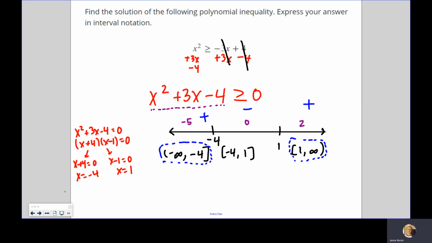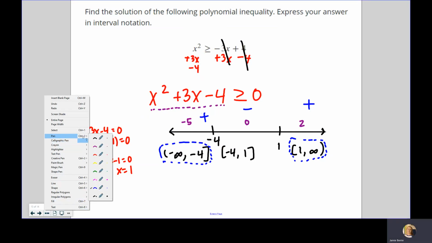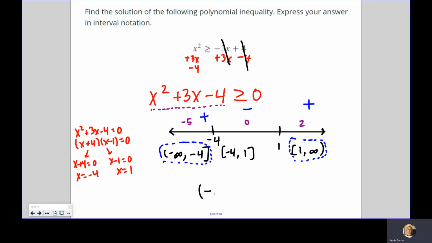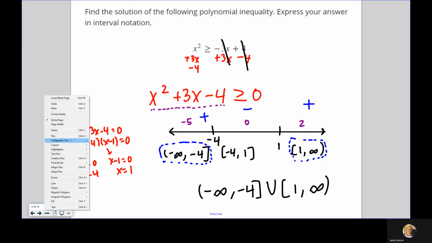We're just going to connect those with a union symbol. So we get negative infinity to negative 4 bracket union bracket 1 to infinity. And there's your answer.